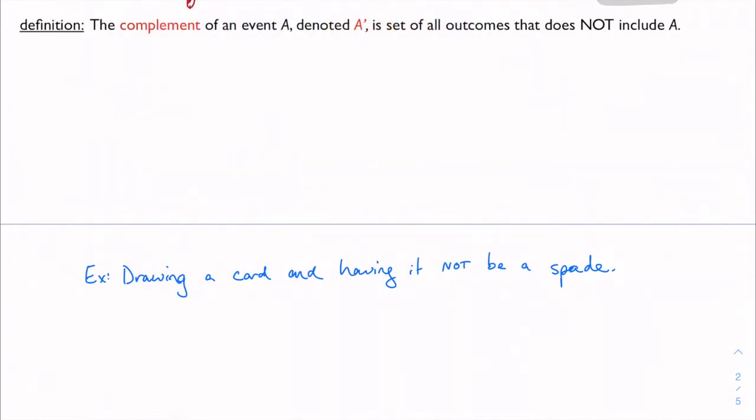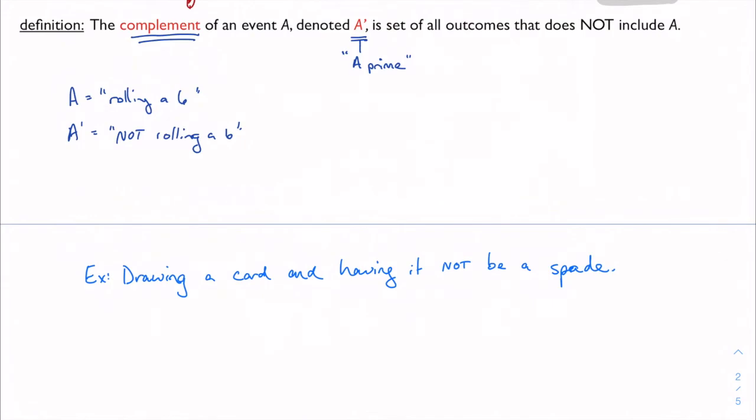So the complement of an event A, that's our word here, complement, we denote it this way, with a little apostrophe, and we call this A prime, is the set of all outcomes that does not include A. So if I let A stand for rolling a 6, then A prime would mean not rolling a 6. All this really means is not A.